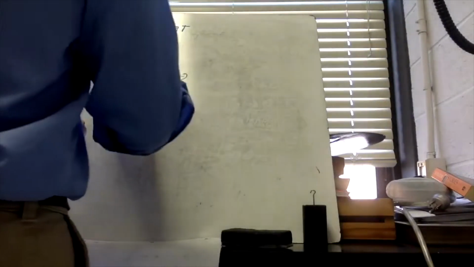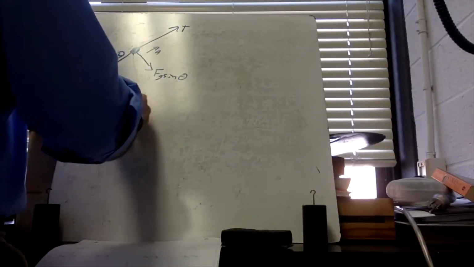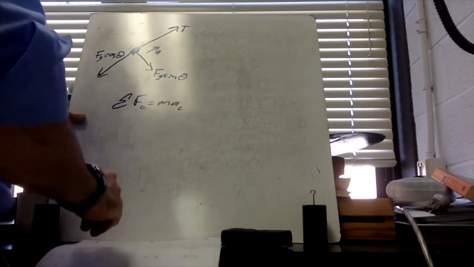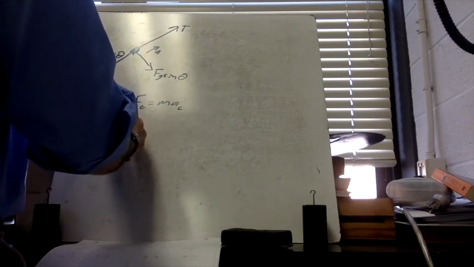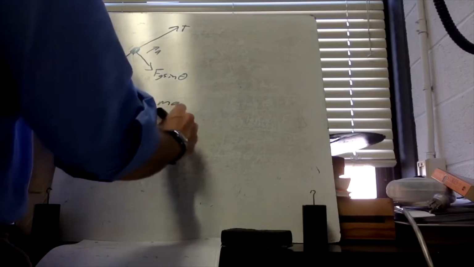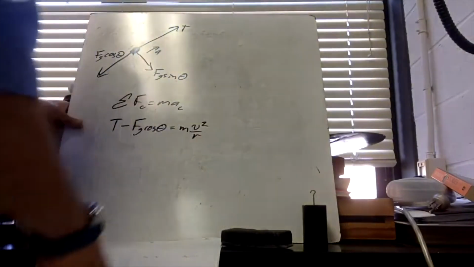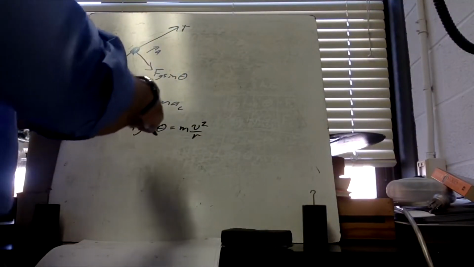All right, so the net force, Fc equals m a_c. And so this is T minus Fg cosine theta equals mv squared over r. And what about the tangential?